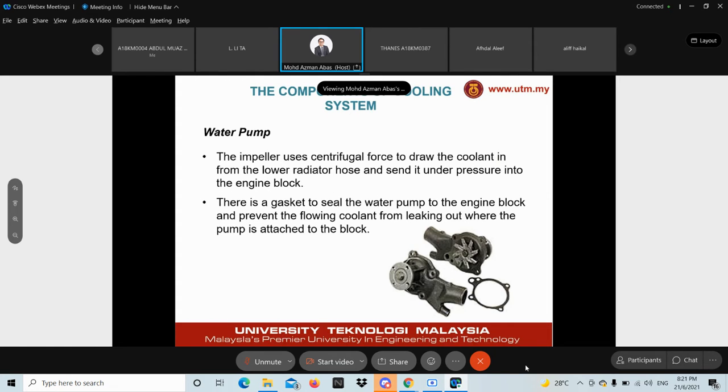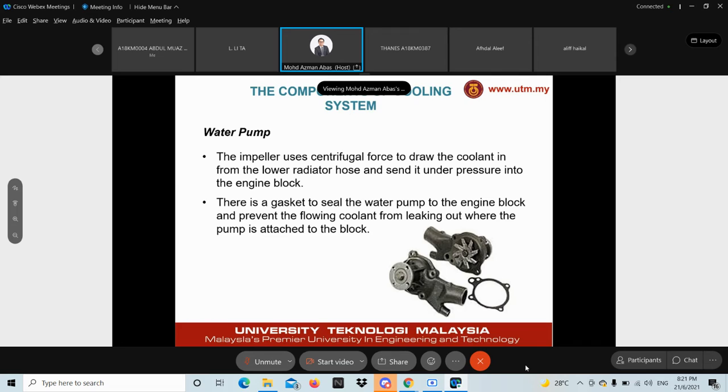The impeller uses centrifugal force to draw the coolant in from the lower radiator hose and send it under pressure into the engine block. There is a gasket to seal the water pump to the engine block and prevent the flowing coolant from leaking out where the pump is attached to the block.